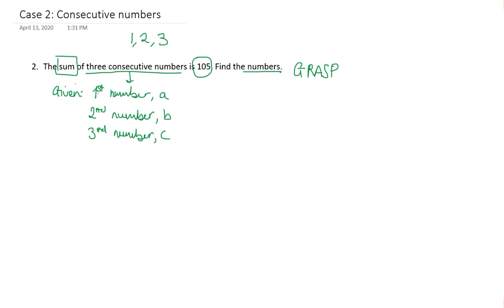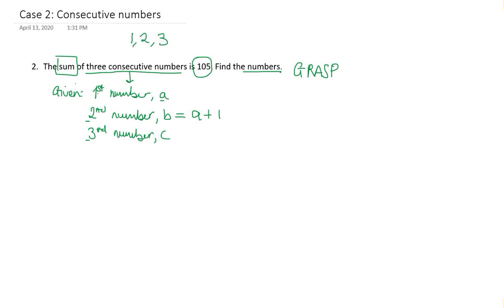So let's look at how we can write the second number and the third number in terms of A. To write the second number, we add 1 to A, because A is the first number, and if you go to the next number, you're adding 1.